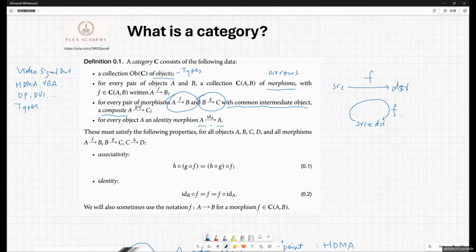So for any type of video port, we can make a cable with only cores, without any chips. With chips here, without chips here. So it exists. The ID VGA cable exists.